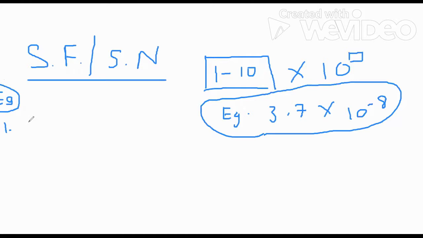Convert this number here, 1763, to standard form. My question is, where is the decimal point in this number?